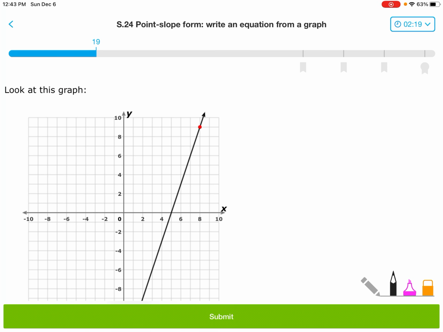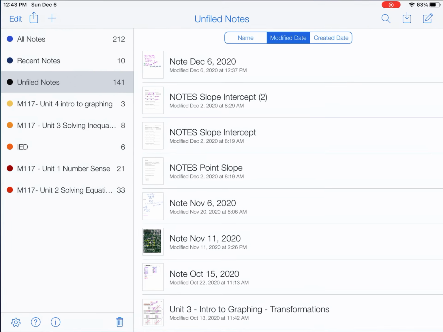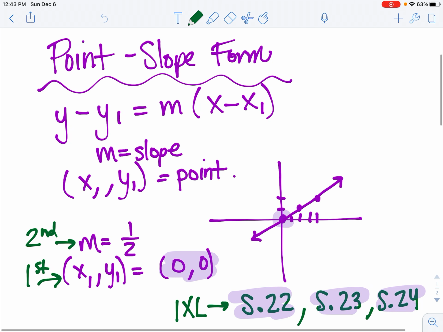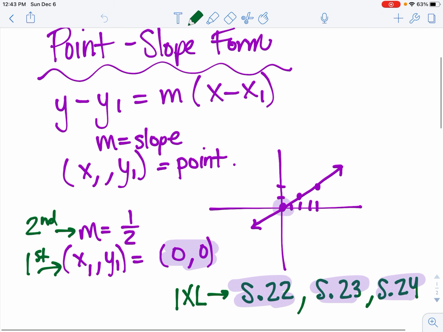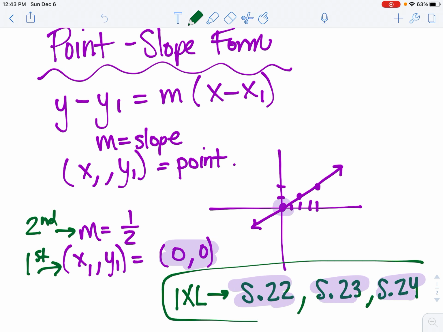All right, so you can go through this video additional times if you need to, to check how you're doing. But as a reminder, let's go back to Notability, and I'll go through the IXLs for the unit so far. So far, we have these new IXLs for today.